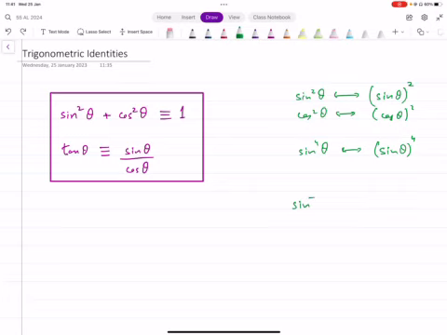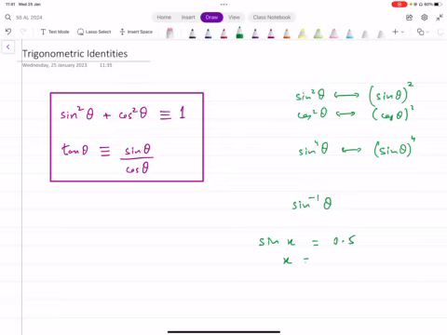We've also seen this function before, sine inverse of theta. What is sine inverse theta? Let's say sine x equals something, let's say 0.5.